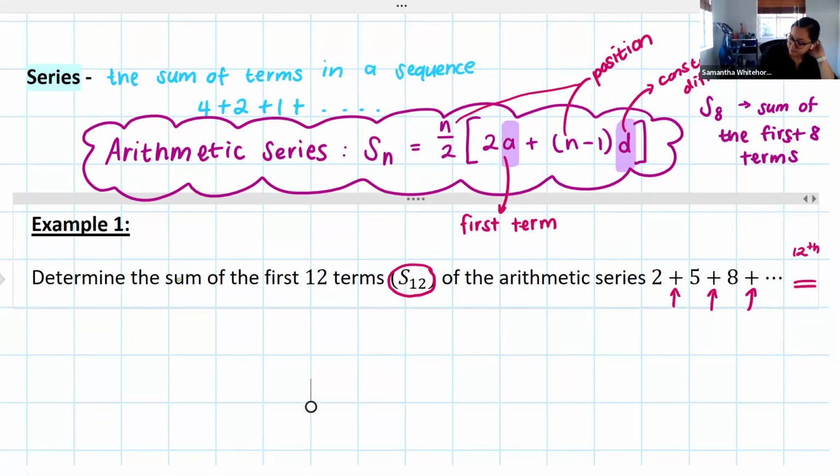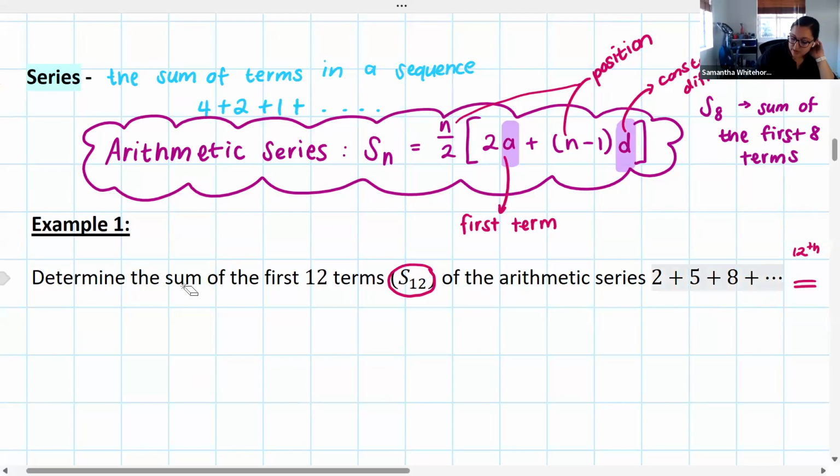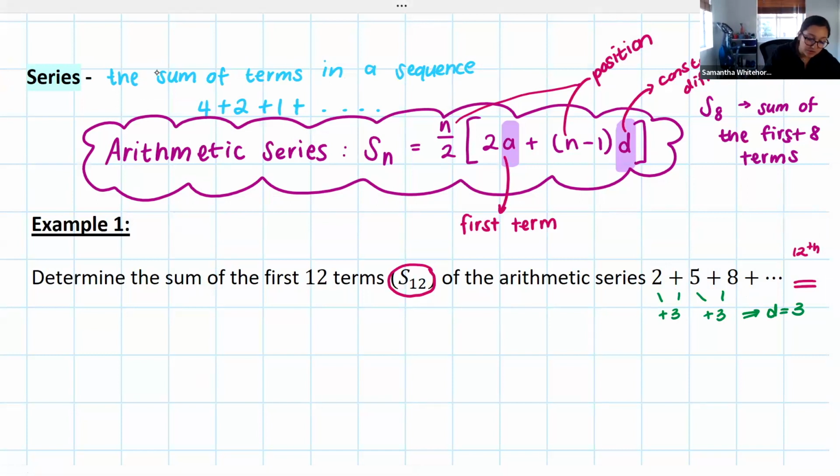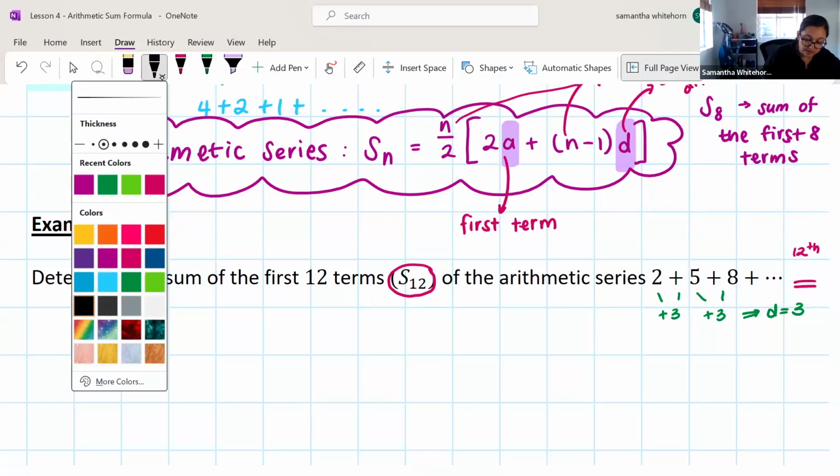So if we go to the series that we have here, we can see that each time we are adding 3 to get the next term. And so that implies for me that my constant difference is 3. And now that I know that, all I do is I substitute into my formula in order to find the sum.